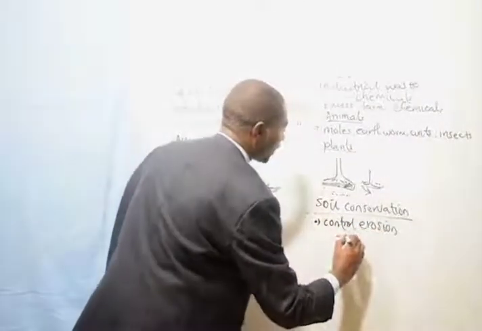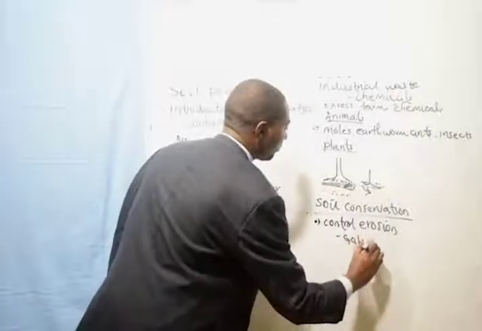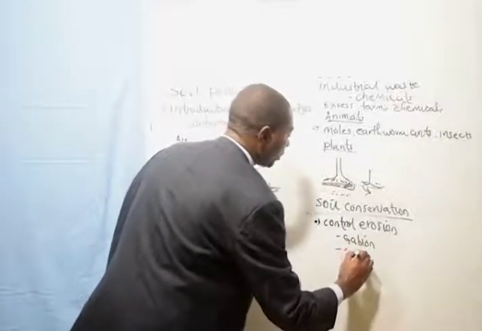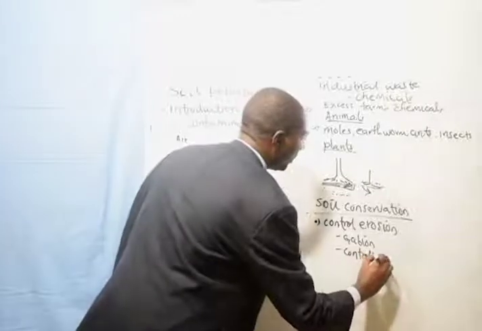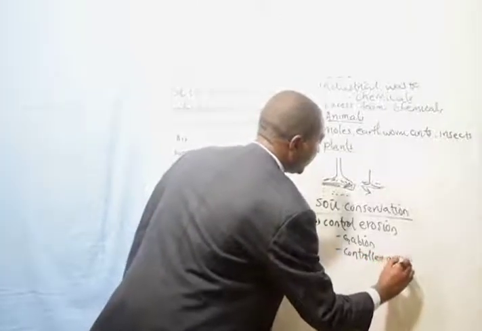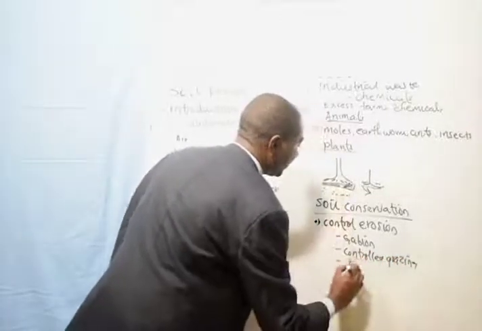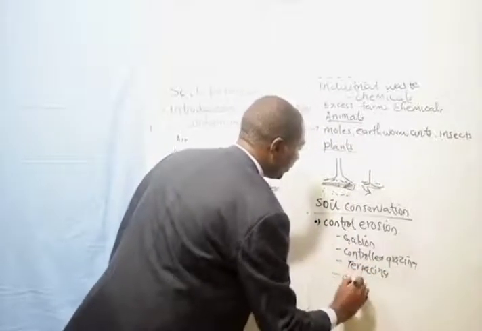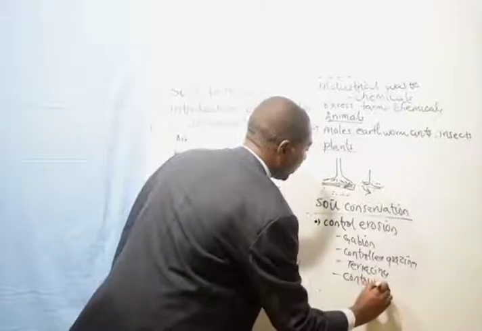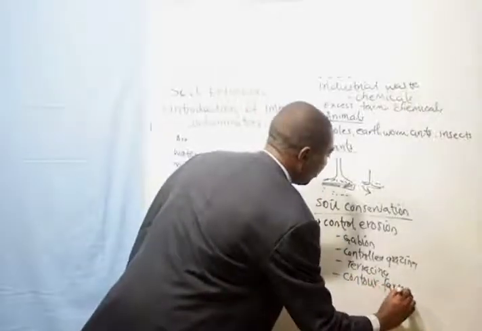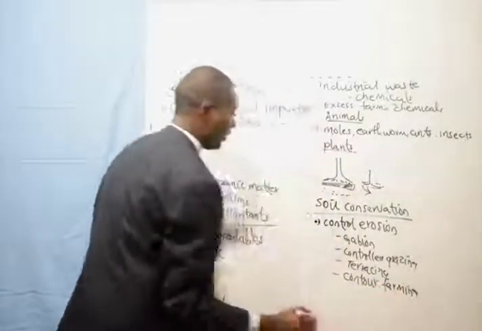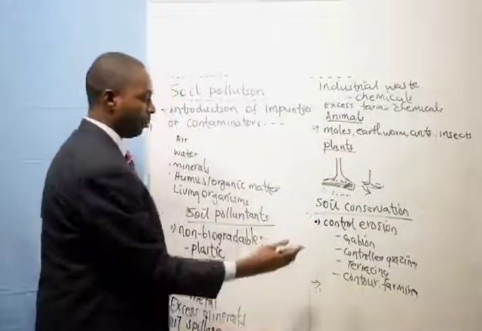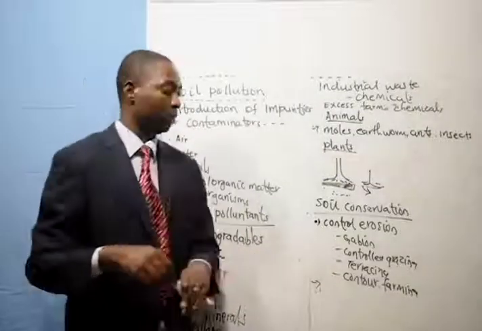We can control erosion by constructing gabions, controlled grazing, terracing, and contour farming. Contour farming is cultivating along the contours. There are so many other methods of soil erosion control.